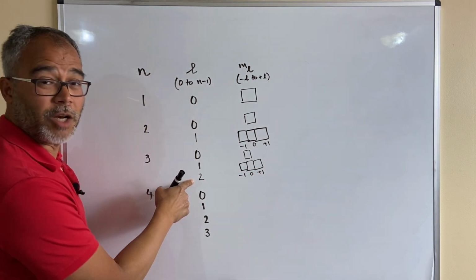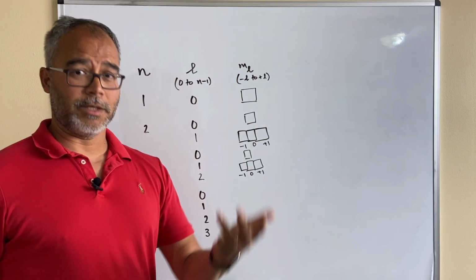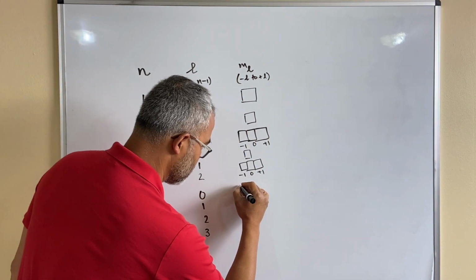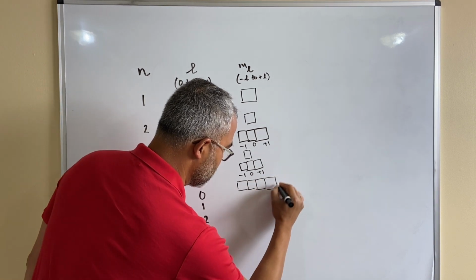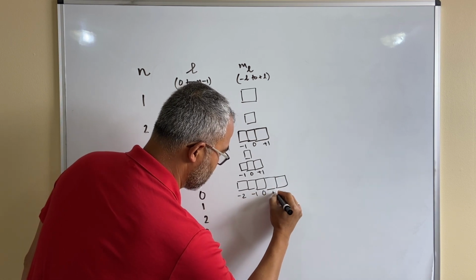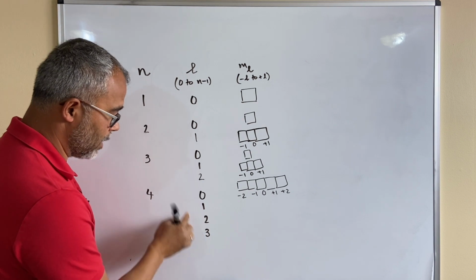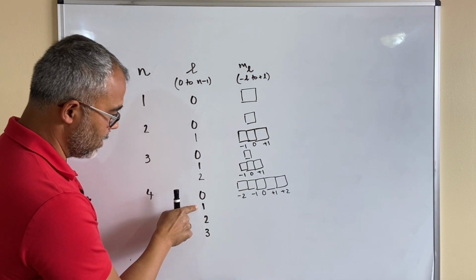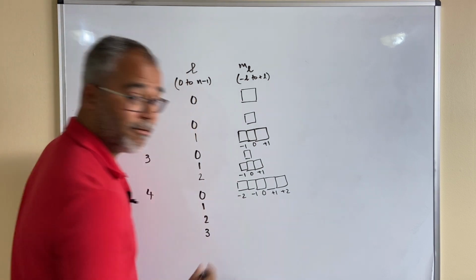And for this one, it's going to be 5 boxes, because it's negative 2, negative 1, 0, positive 1, positive 2. And then this one is the same repeat. So the 0 is the same as this, the 1 is the same as that, the 2 is the same as that, but the 3 is going to have how many?